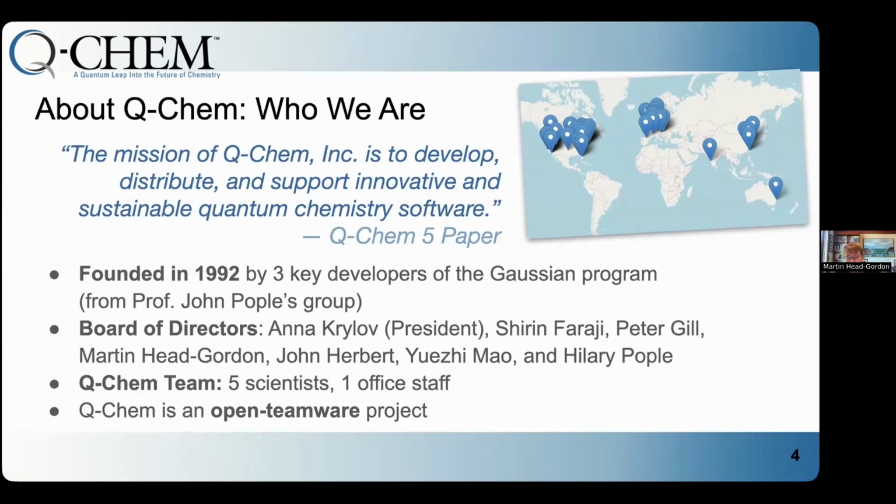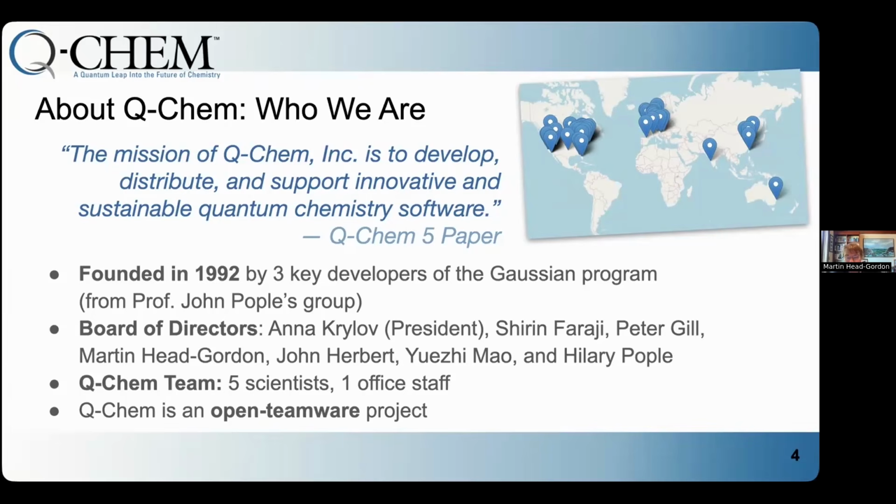Anna Krylov is Q-Chem's president, and there's a board of directors that represent academic developers and also financial expertise in the form of Hilary Popel. And there's an extensive academic network symbolized by all these little blue markers on the world map.